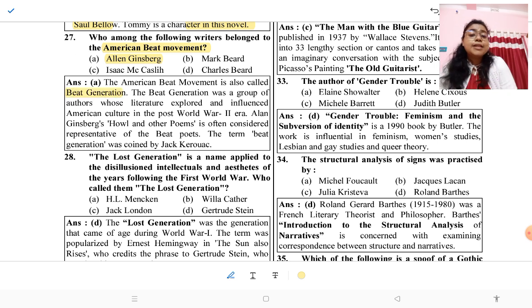The Beat Generation was a group of authors whose literature explored and influenced American culture in the post-World War II era. Allen Ginsberg's Howl and Other Poems is often considered representative of the beat poets. The term beat generation was coined by Jack Kerouac, and Allen Ginsberg was part of it.